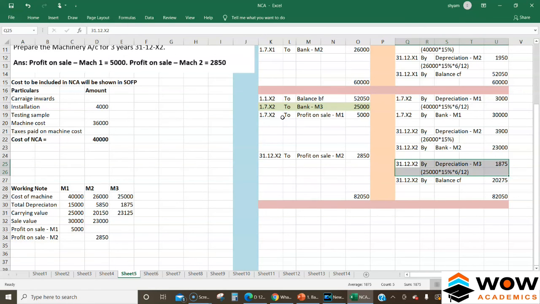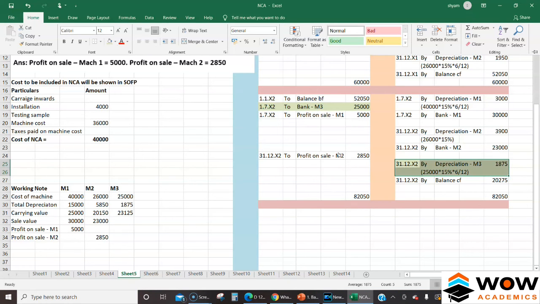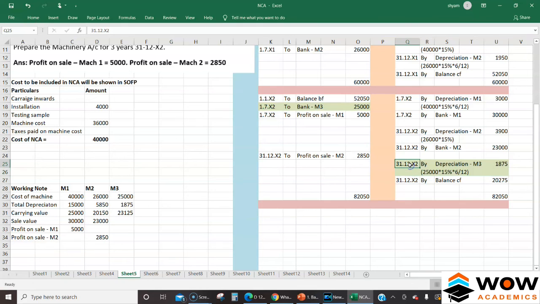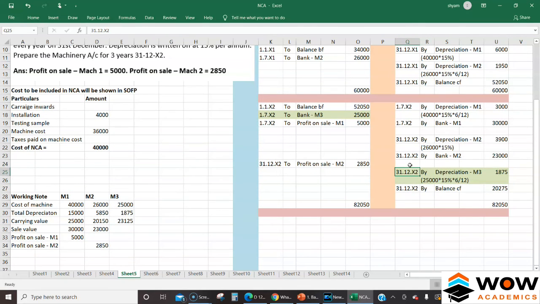So okay, the depreciation on that machine. Let's check why. So when you deduct both, that has to be the worth. Okay, why is it not coming?